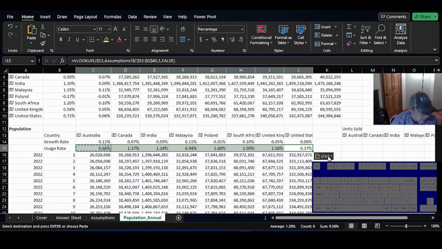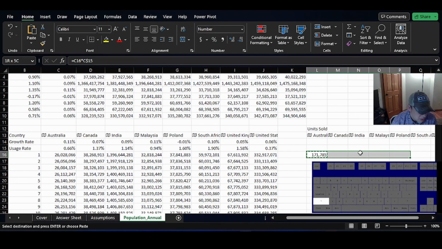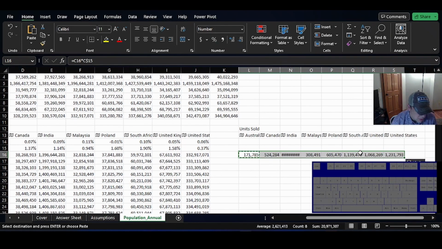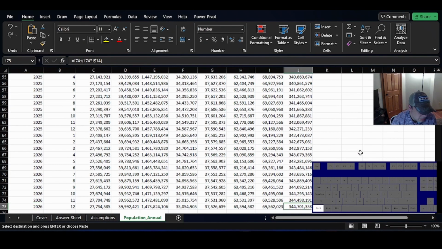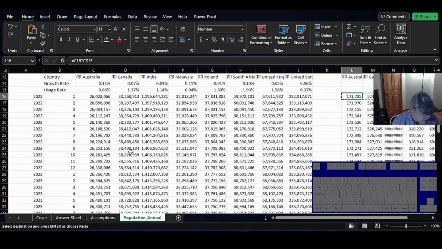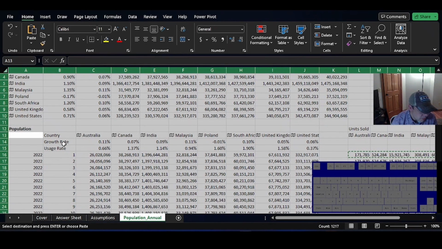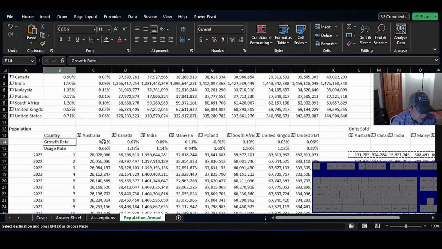All right, and now we're going to do the units sold, which is basically going to be equals that times the usage rate. All right, so there's all that. So you get an idea of what the units sold looks like, right? Yeah, I think that looks fine.